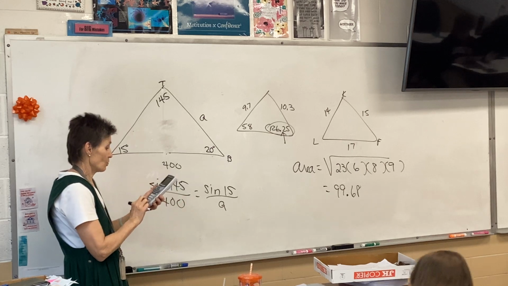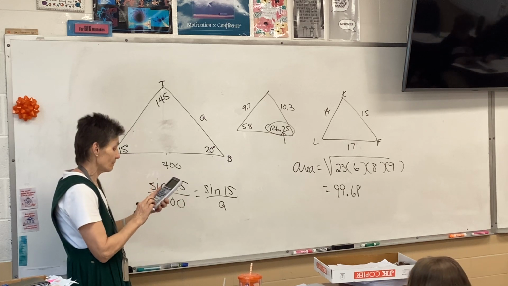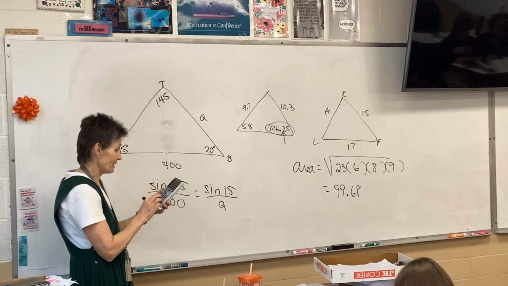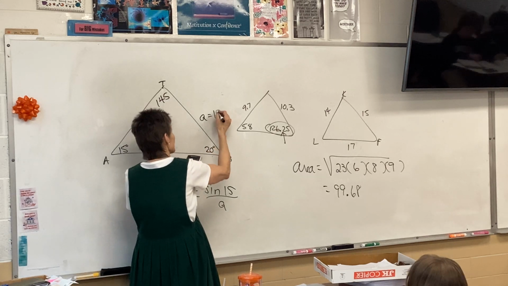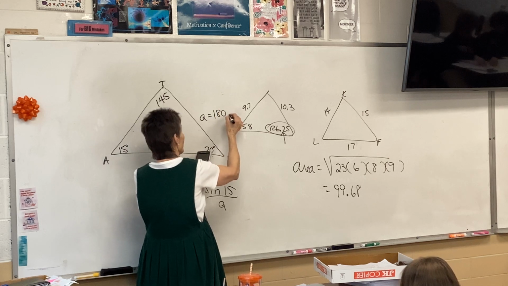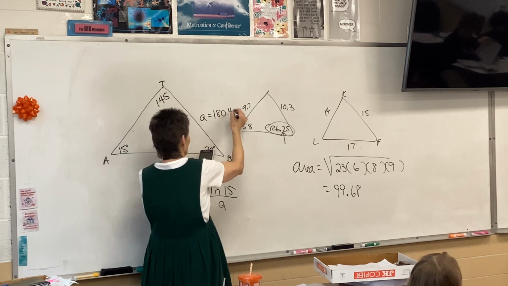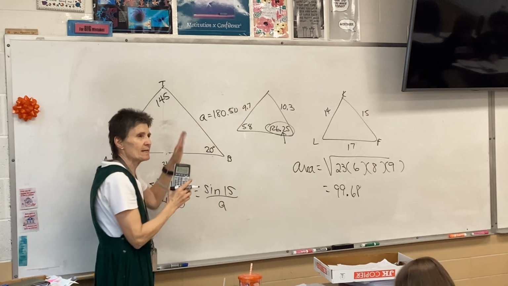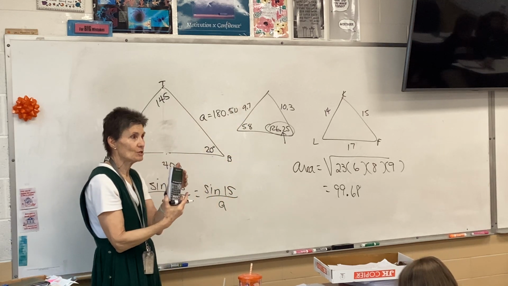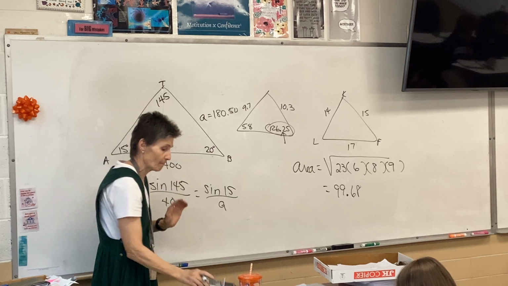Yeah. So 400 sine 15 divided by sine 145. So this is about 180.450. But I'm gonna write that down, but that number's right here where I can use it again, right? It's just staying right there.